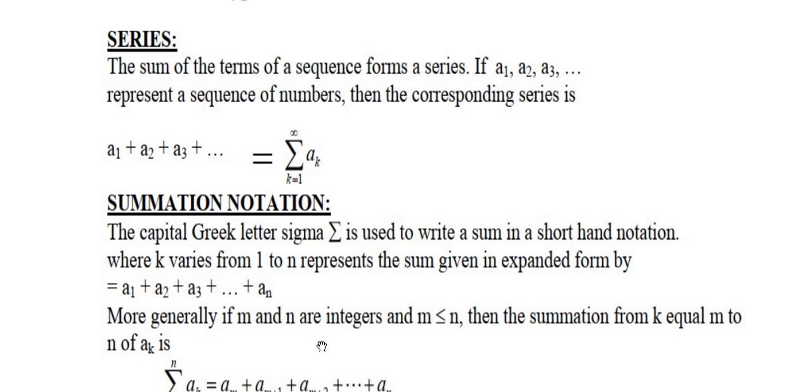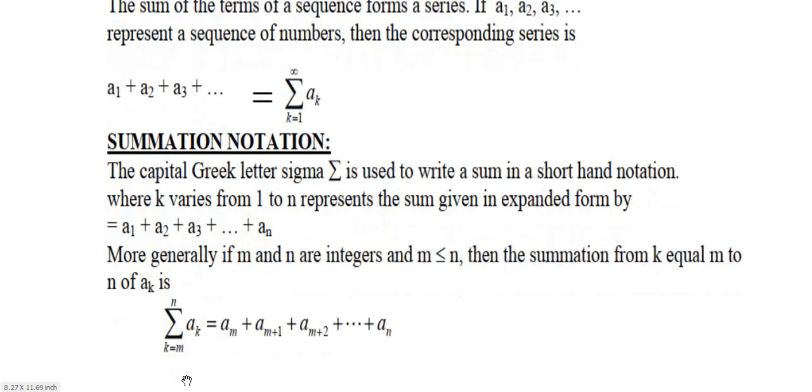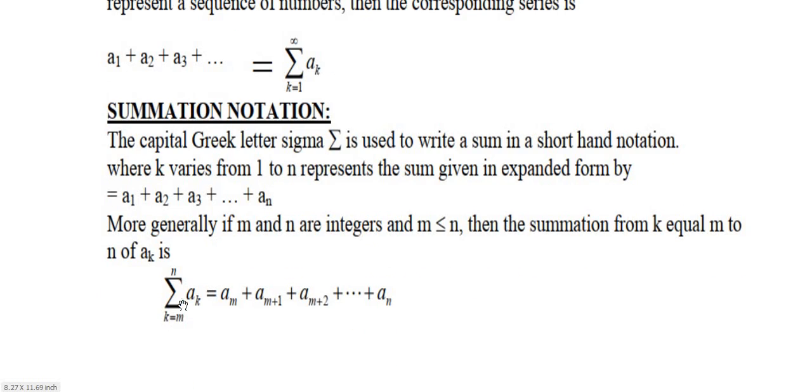More generally, if m and n are integers and m is less than or equal to n, then the summation from k equal m to n of ak is am plus am plus 1 plus am plus 2 plus dot dot plus an.